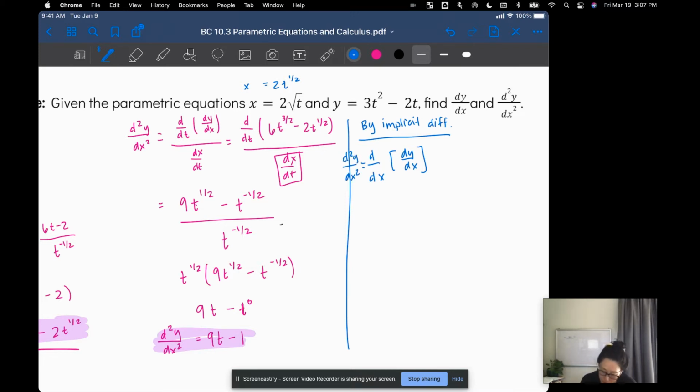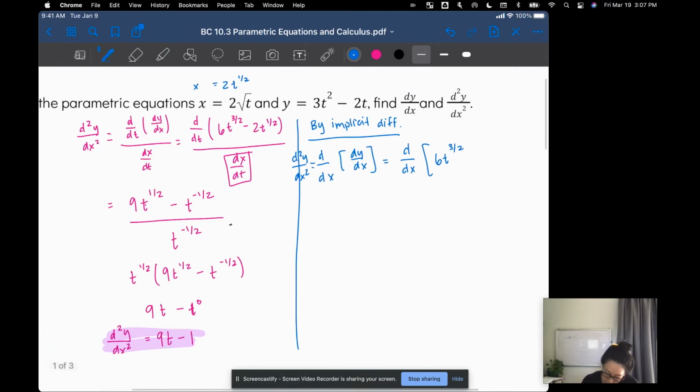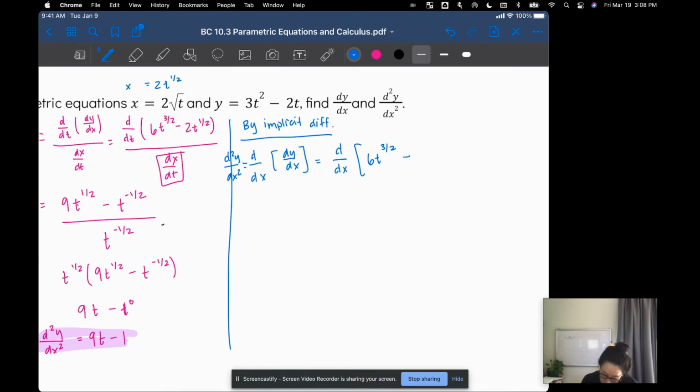So I'm taking the derivative with respect to x of dy/dx, which is 6t to the 3/2 minus 2t to the 1/2.